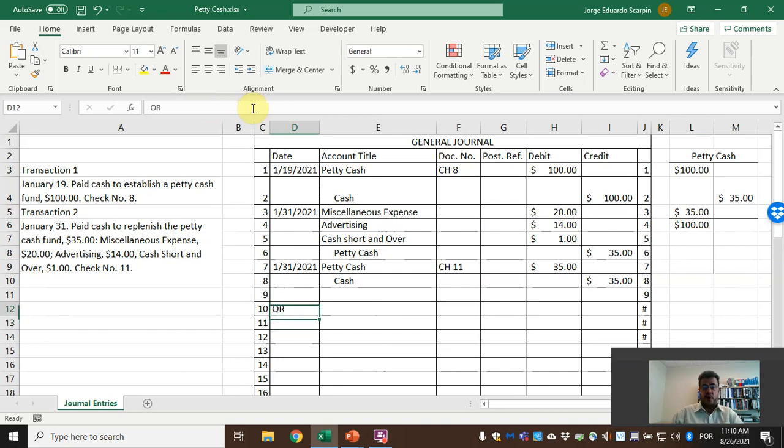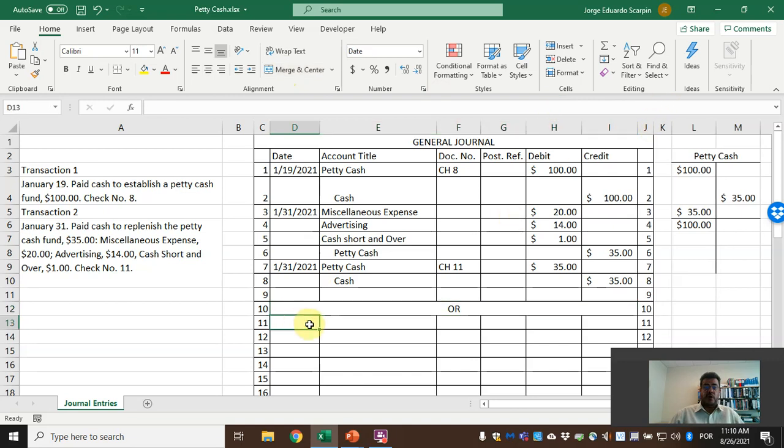Or let's check the alternative way to do that. Let's go back to row number 1. The same date, 1/19/2021. Petty cash, check number 8, and cash, $100, $100.